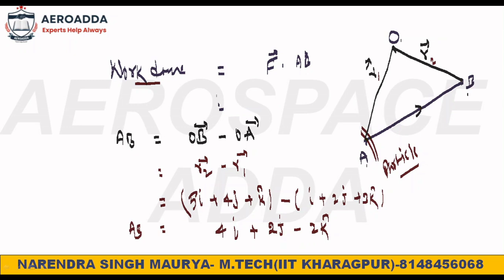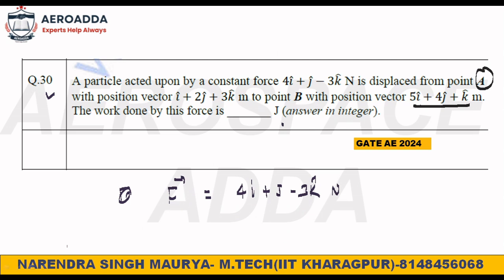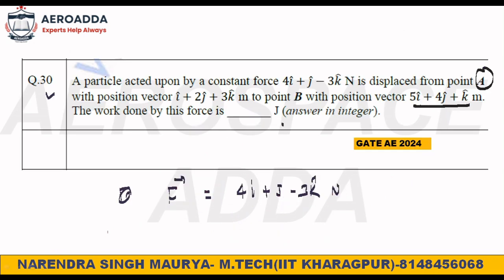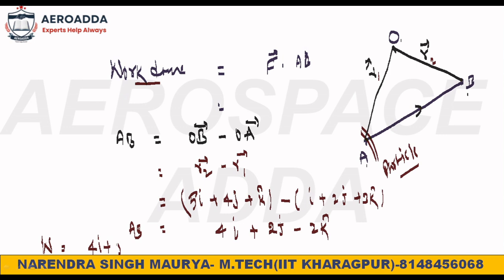See, so you just keep this value and write work done W. F is nothing but 4i plus j minus 3k. Force is nothing but 4i plus j minus 3k, and we have a dot product with AB, that is the distance, 4i plus 2j minus 2k.